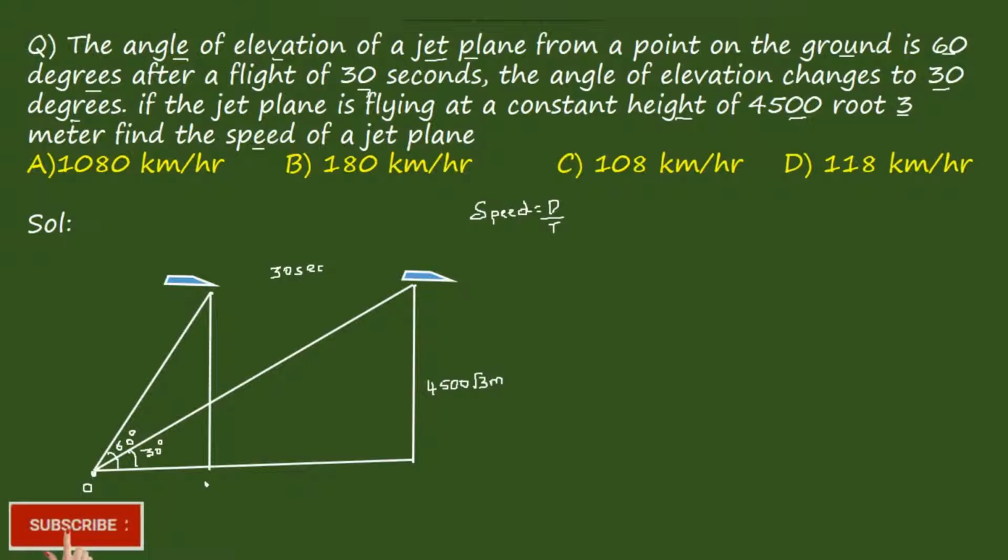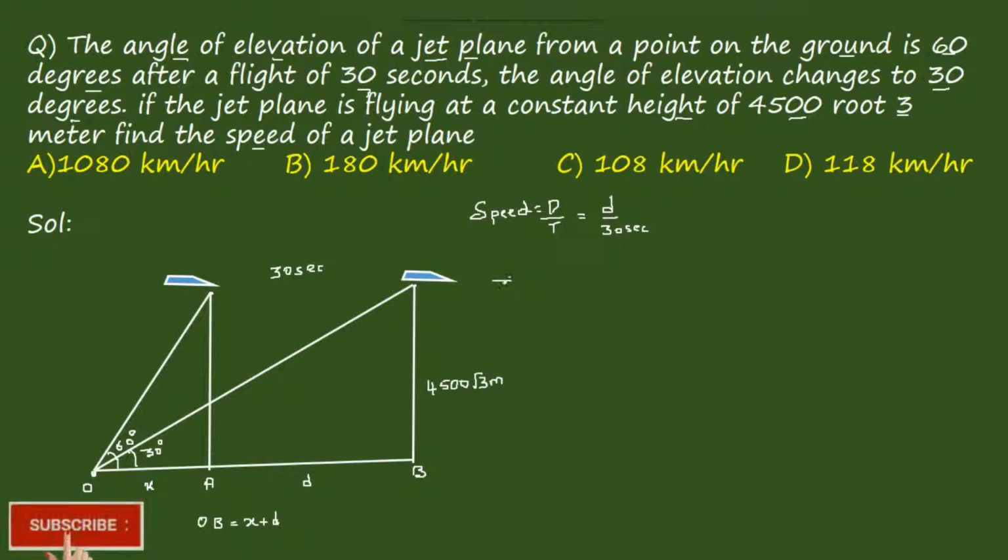So consider this point as A and this point as B. Consider the distance from A to B as D and OA as X, and the total distance from O to B is X plus D. It is moving at a constant speed, so the distance traveled is D, and the time taken is 30 seconds. Now we have to find the value of D to find the value of speed.